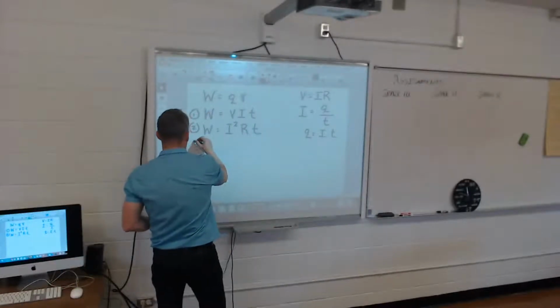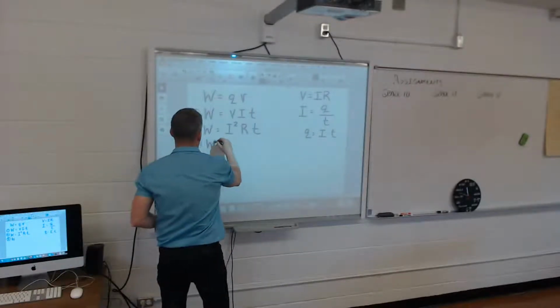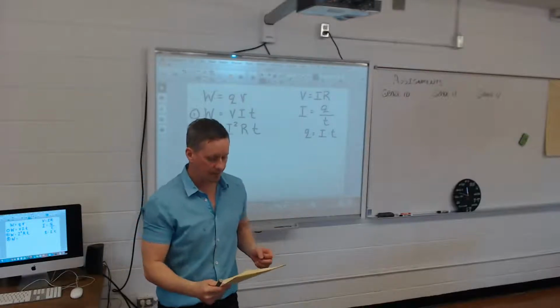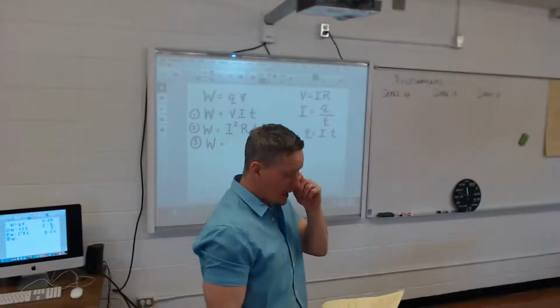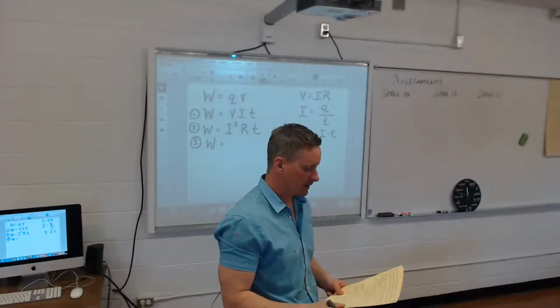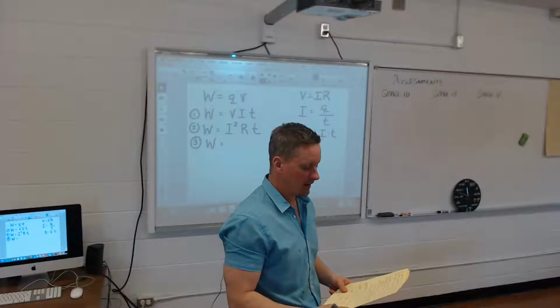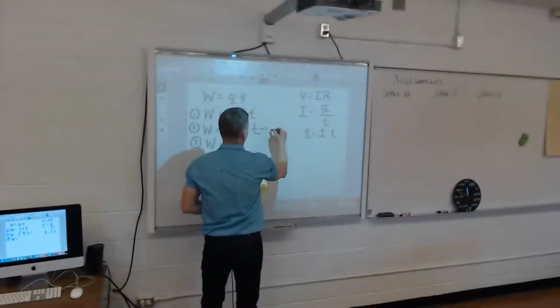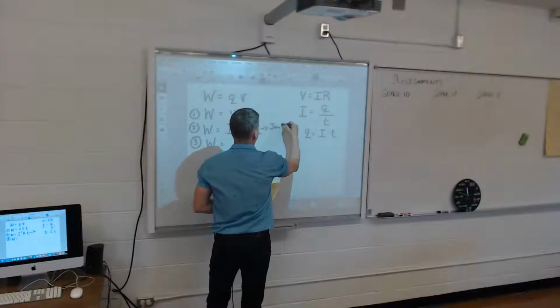The third one refers to Joule's law. The heat developed in a conductor is directly proportional to the resistance of the conductor, the square of the current, and the time the current is maintained. So that's essentially what this is. This is what we refer to as Joule's law.